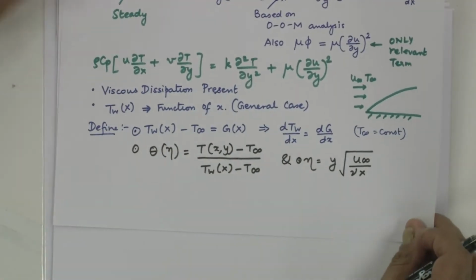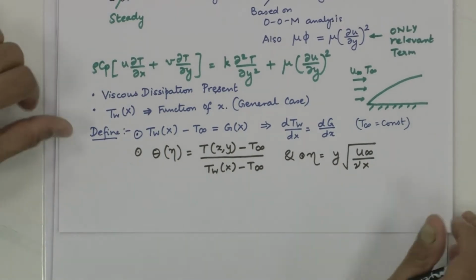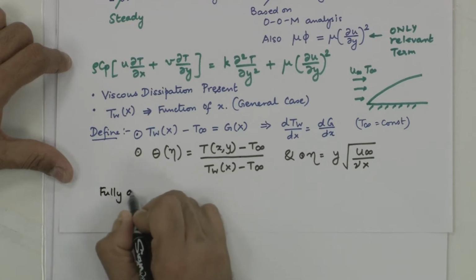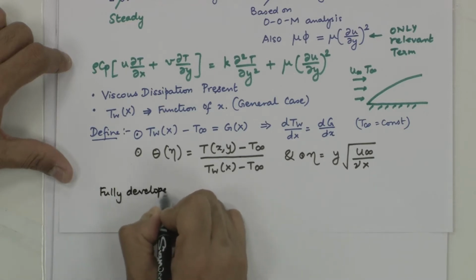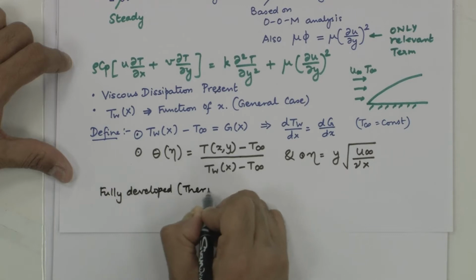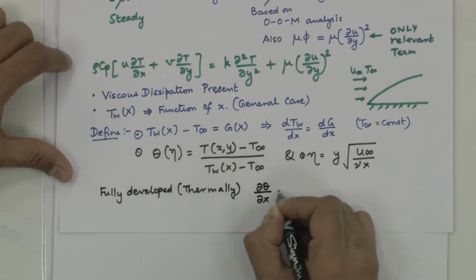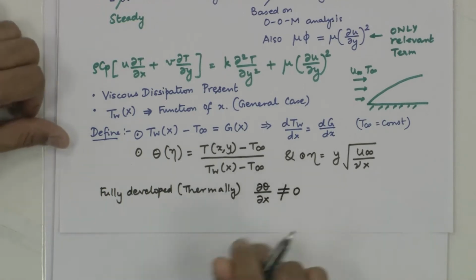In case of external flow, say for flow over a flat plate, we have seen that fully developed thermally does not mean d theta by dx is equal to 0.